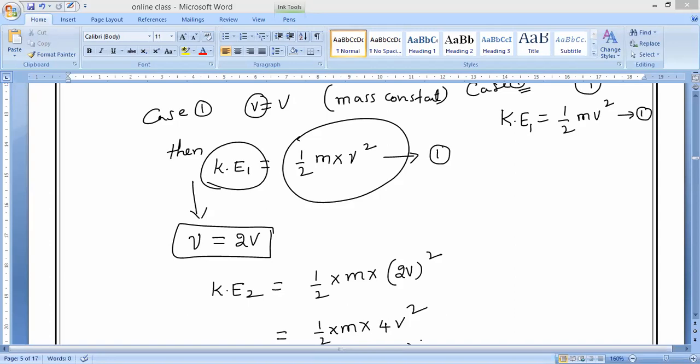Remember, because why? If mass becomes double, kinetic energy also becomes double. But if velocity becomes double, kinetic energy increases four times.